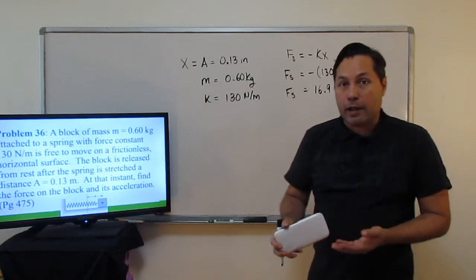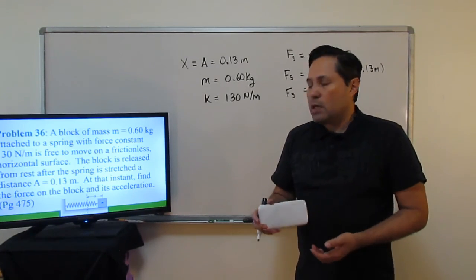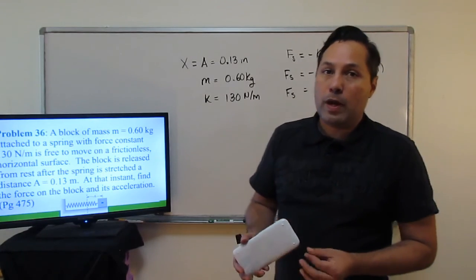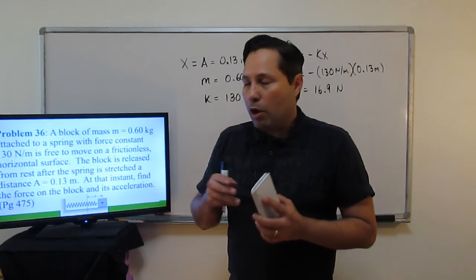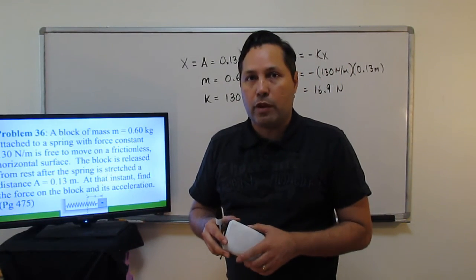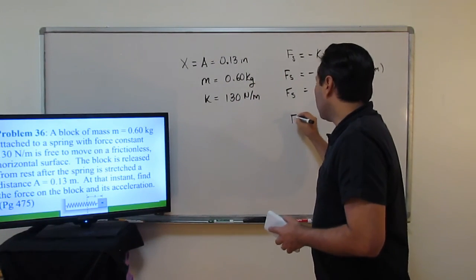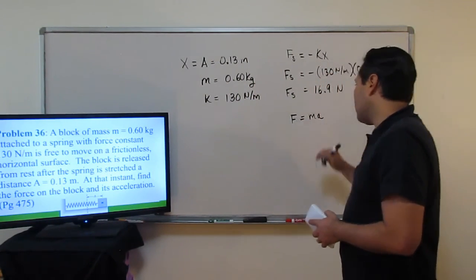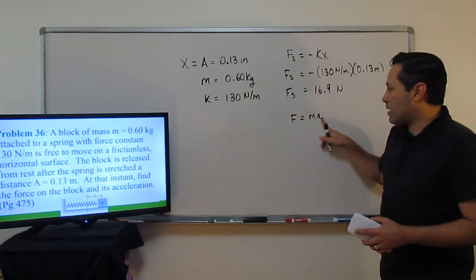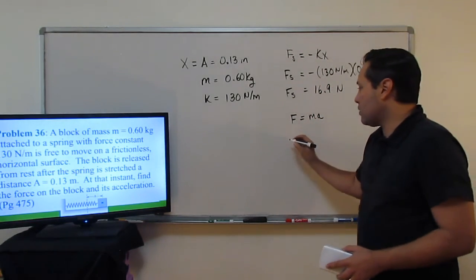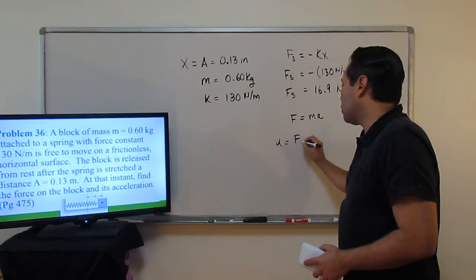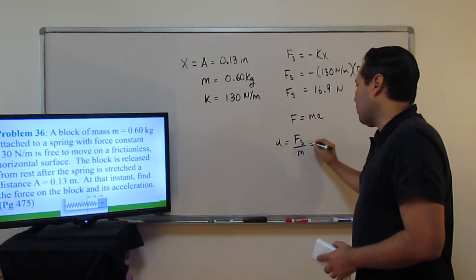Now that we have that value, let's move on to the second one. They ask us to figure out the acceleration. How quickly is that block accelerating as it goes towards equilibrium? Alright, so force is equal to mass times acceleration here, and we're going to isolate the acceleration by dividing by mass. So acceleration is really the force of the spring over the mass of the block.